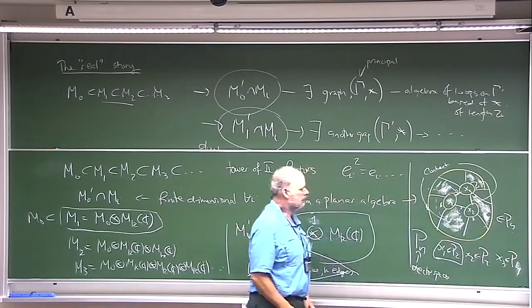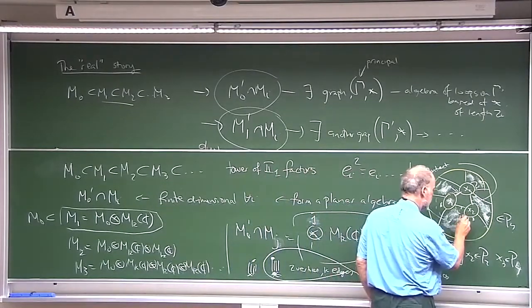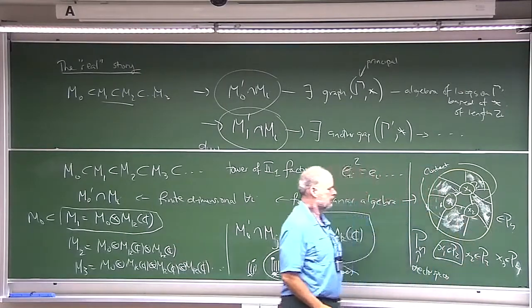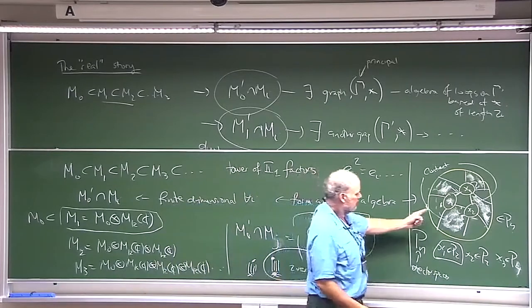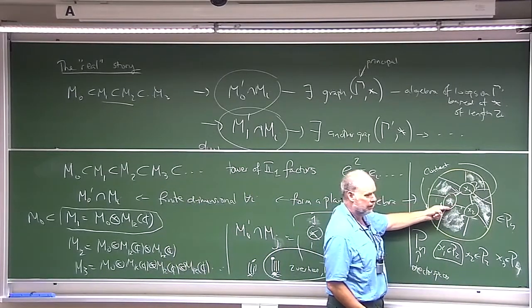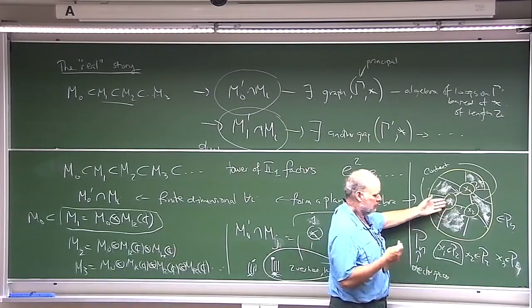And the dollar signs might be in shaded or unshaded regions. So the shading is part of the data of the tangle. And the idea is if the dollar sign is in the unshaded region, the element that you put in here is in the original subfactor.